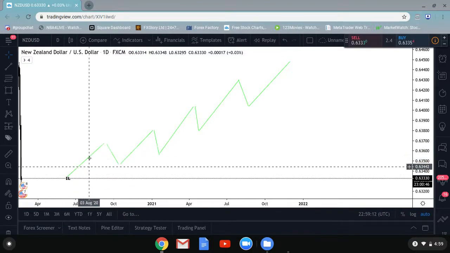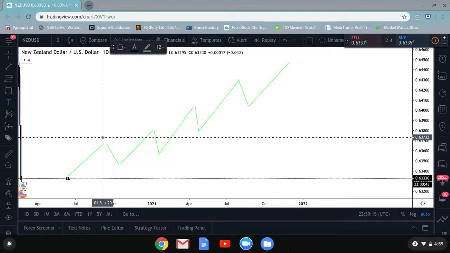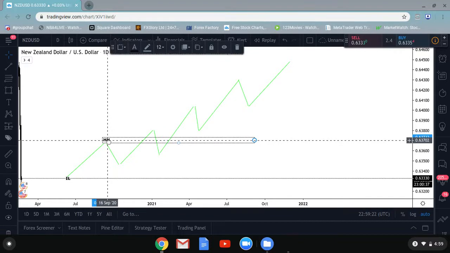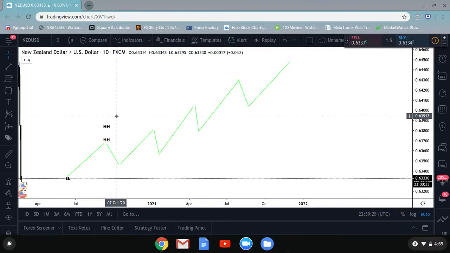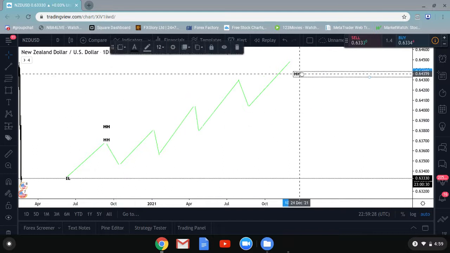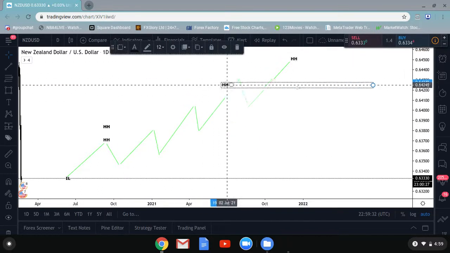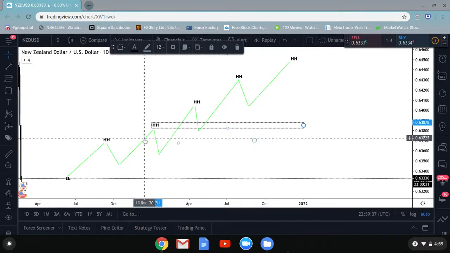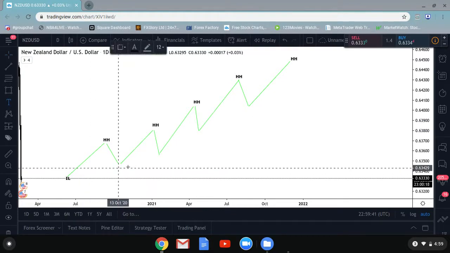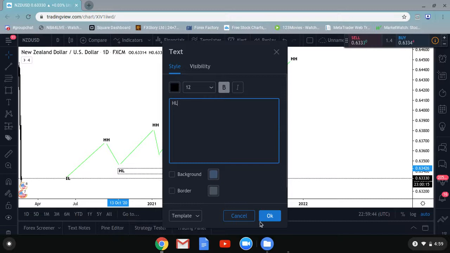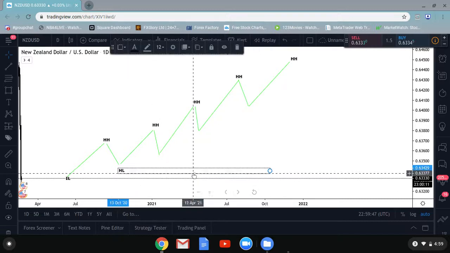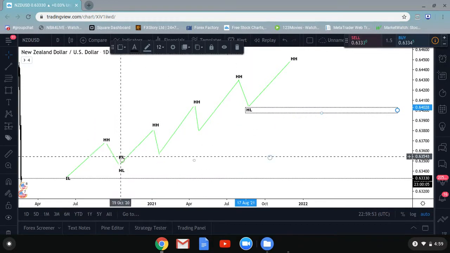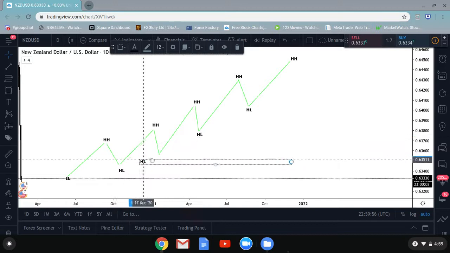When price pushed up, you now have higher highs, and you have all of these higher highs form here, and then you also have your three higher lows get formed as well.